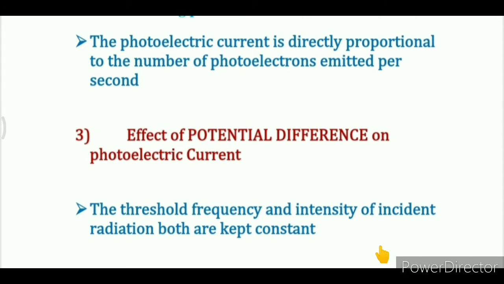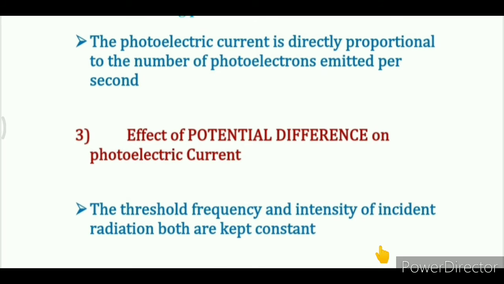That means the frequency of incident radiation we choose must be equal to or greater than the threshold frequency, and that value is kept constant. Whatever intensity of incident radiation we choose, that intensity we also take constant.